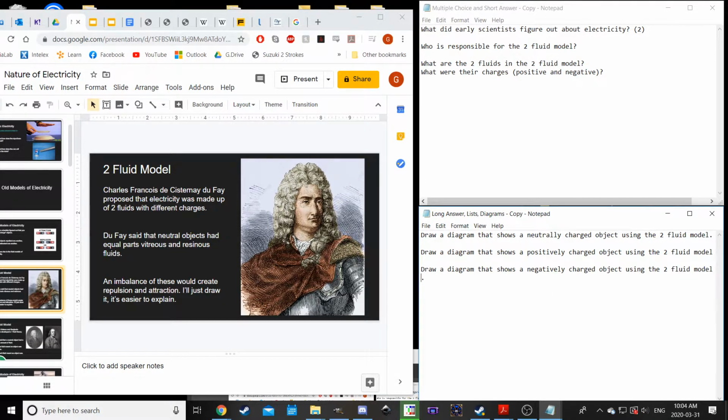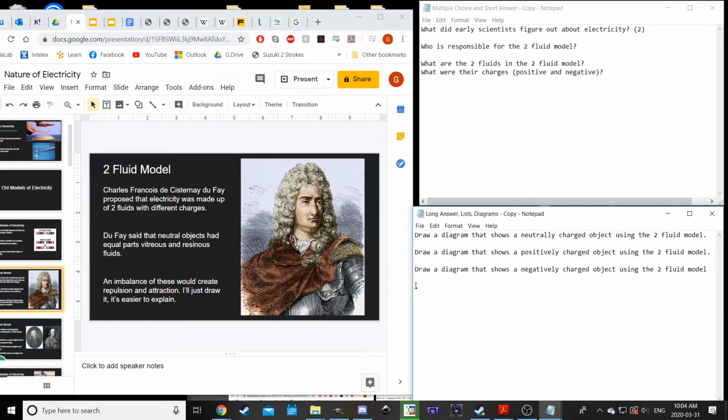So those questions are good diagram questions for sure. But I don't mind when I'm doing these to have a bit of overlap on my questions, because this question could show up as a diagram question or it could show up as a multiple choice or short answer question.